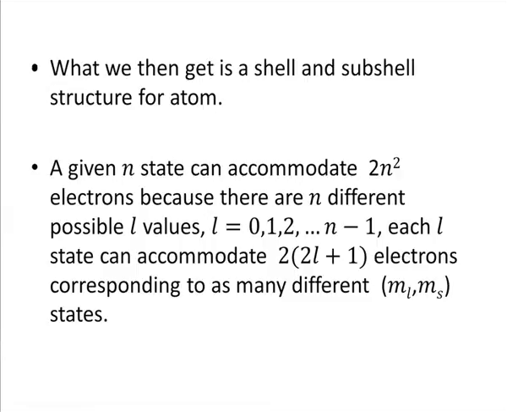A given n state can accommodate 2n square electrons because there are n different possible l values, and each l state can accommodate 2 into 2l plus 1 electrons corresponding to as many different ml, ms states.